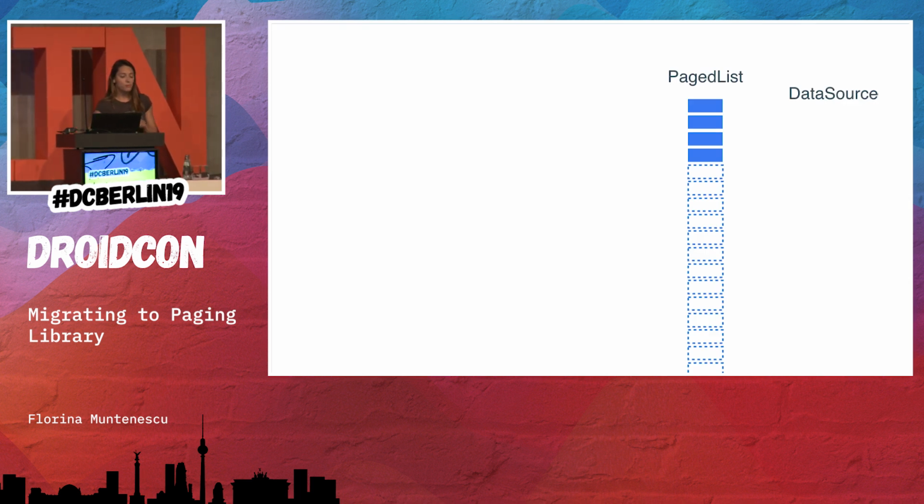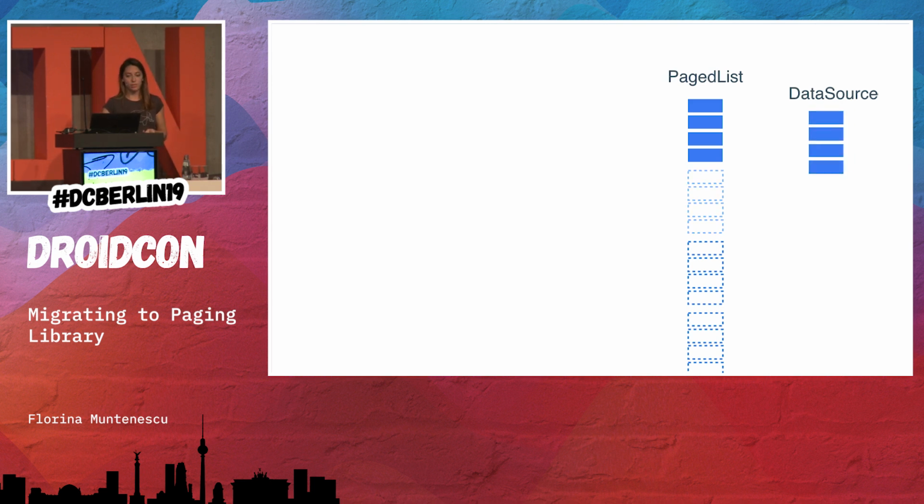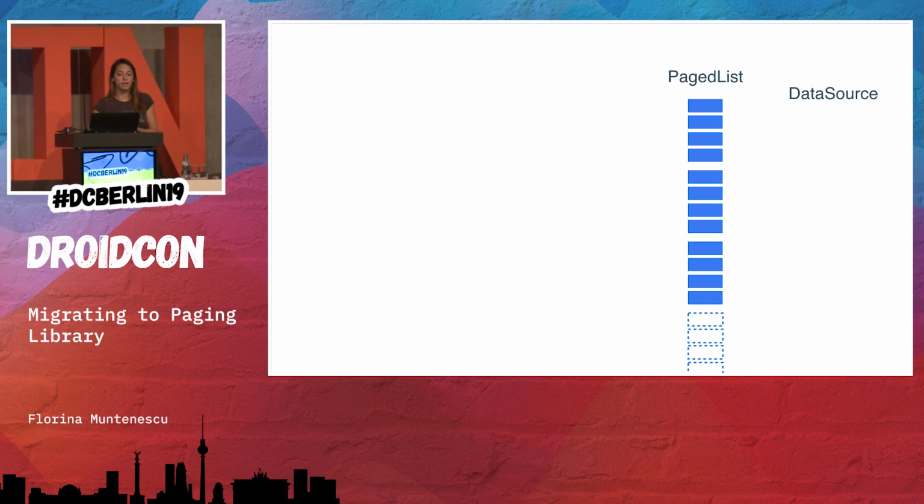OK, so the paging library has two core components: a paged list that is backed by a data source. This means that the paged list will page your data in chunks, in pages, that will come from the data source. The paged list will request those items when needed.